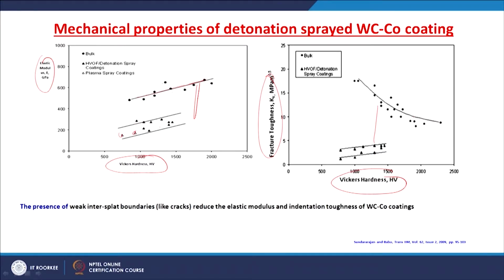The presence of such weaker intersplat boundaries, like cracks, propagate easily because that is a weaker region in the coating structure. So, the presence of weak intersplat boundaries like cracks reduces the elastic modulus and fracture toughness of these tungsten carbide cobalt coatings. Inherently there are certain intersplat boundaries that behave like defects, and because of the presence of such defects, the mechanical properties are inferior compared to bulk materials.